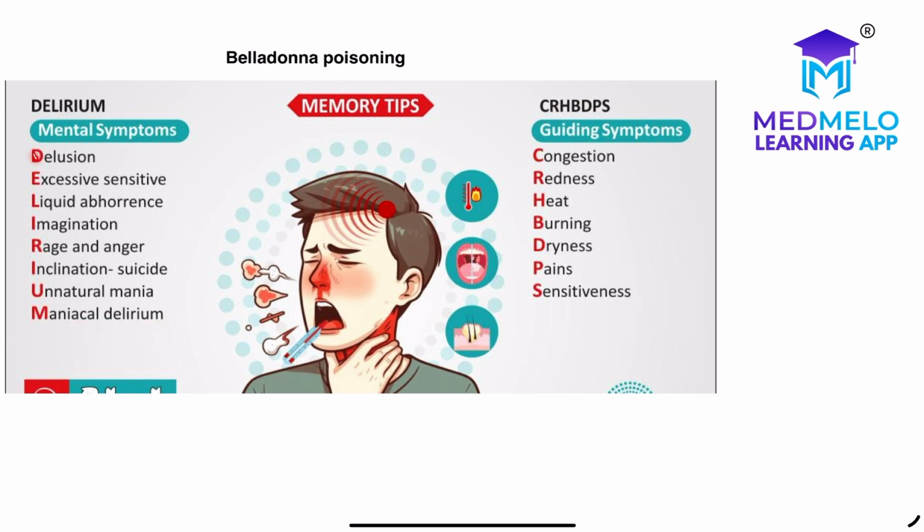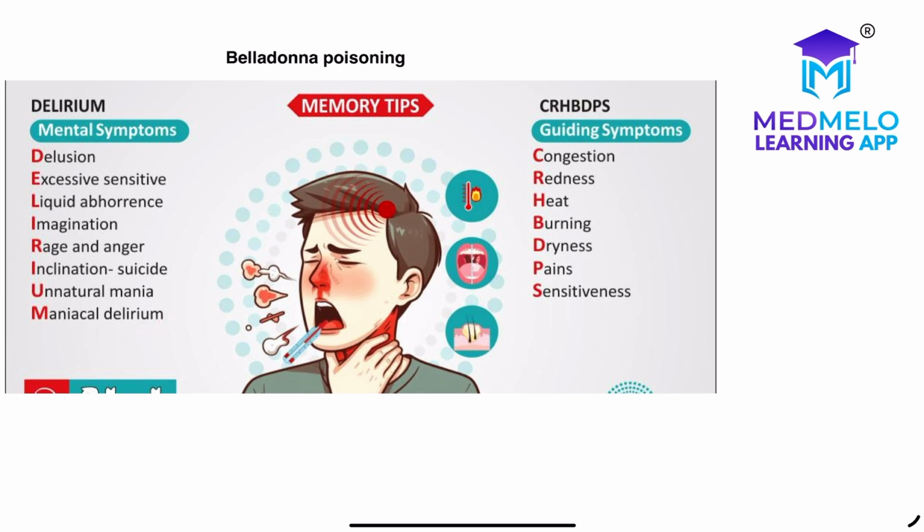We can remember it as delirium, that is delusion, excessive sensitivity, liquid abhorrence, then high imagination, rage and anger, then the inclination to suicide, then unnatural mania, maniacal delirium.